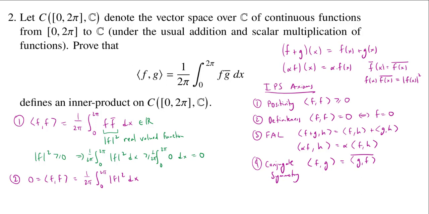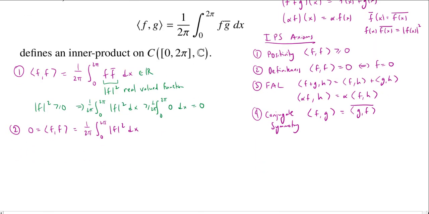But there's a little subtlety here, which is that it might be possible that the function itself takes on values that are greater than 0 without making the integral greater than 0. So let's just draw a quick picture of this.